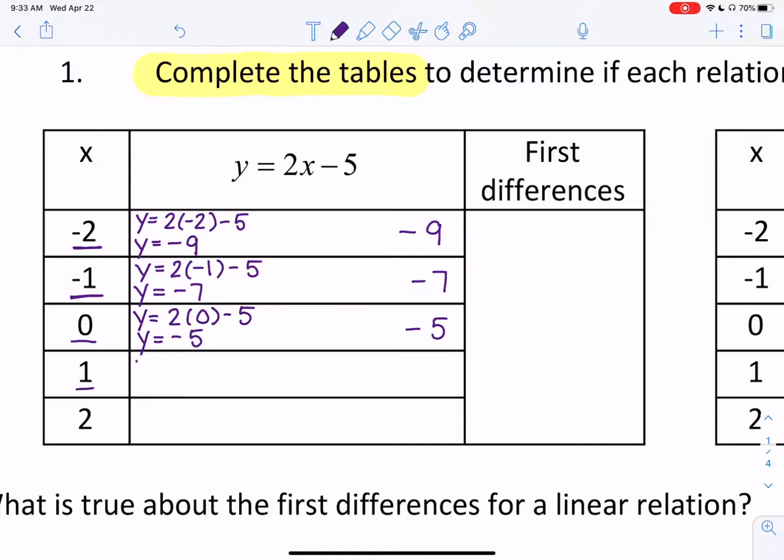For my next row, instead of writing an x, we're going to write a 1. So that will give us -3. And then for our last one, instead of writing an x, we're going to write a 2, and that will give us -1. So now we're going to work on our differences.